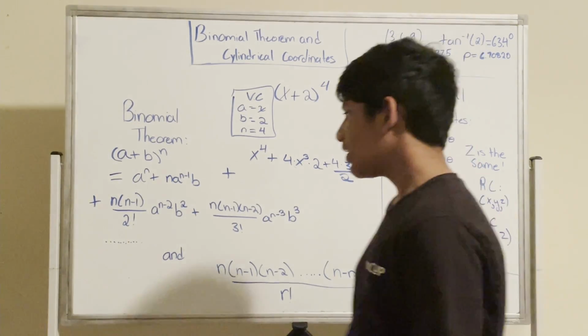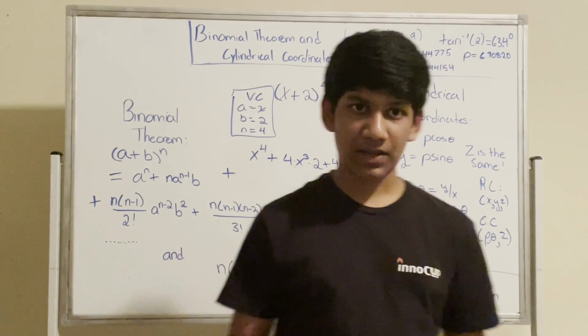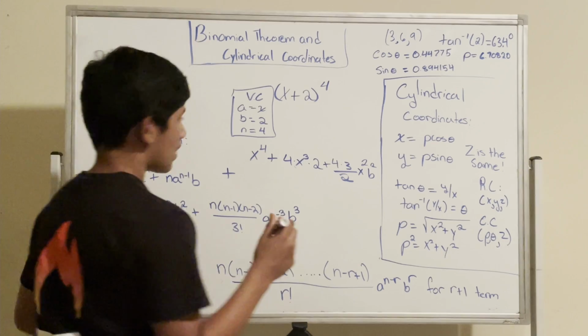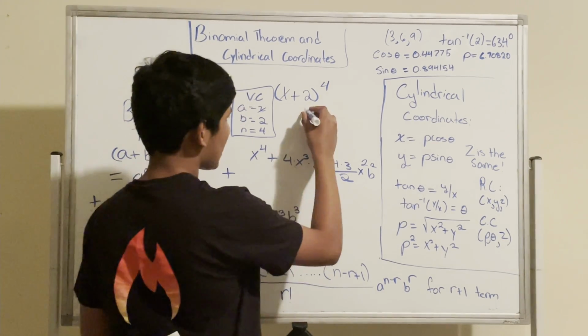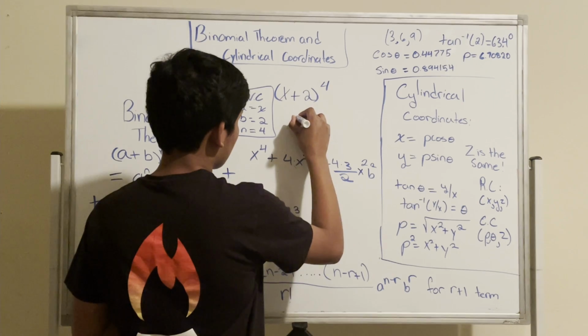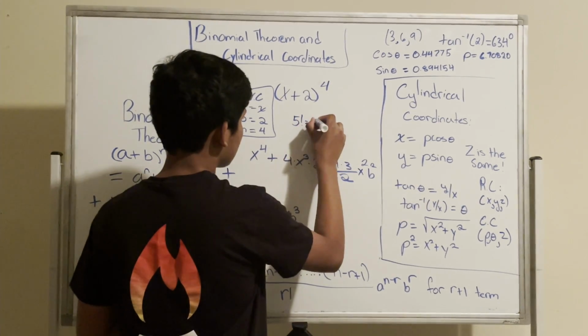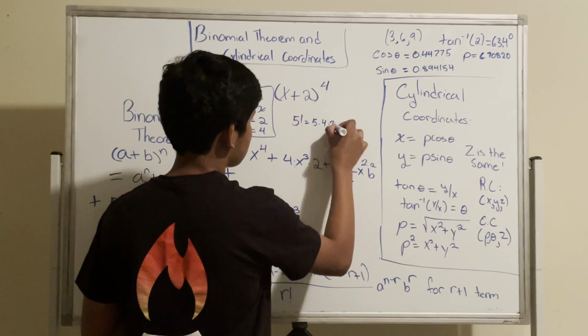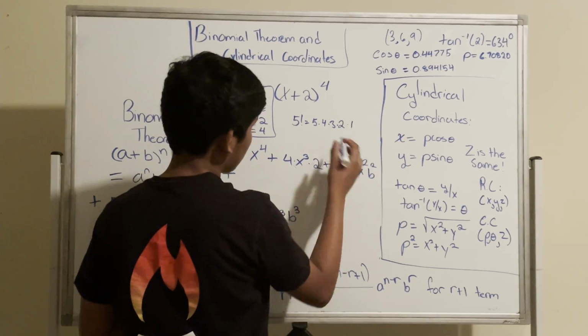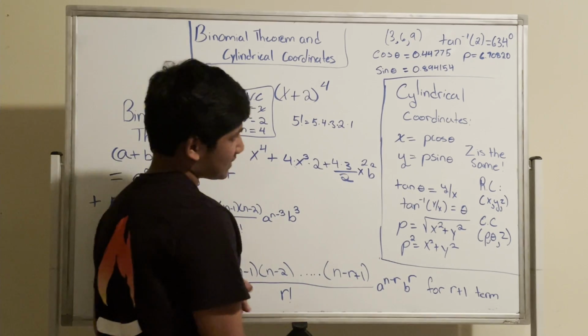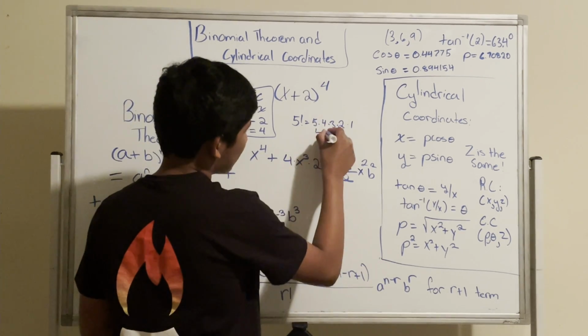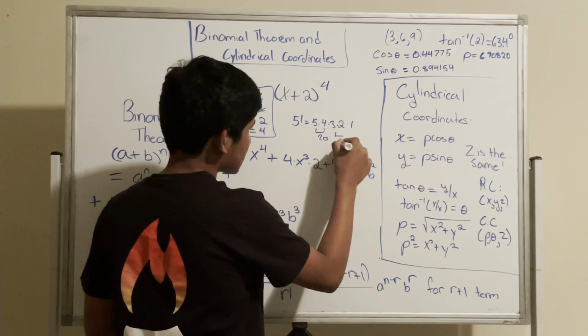Pretty simple. So let's just talk about factorials a little bit. A factorial is a pretty simple concept to understand. Let's say we have 5 factorial. This is just 5 times 4 times 3 times 2 times 1. Now we can exclude the 1 part because that's just the same thing. This is 20, this is 6.